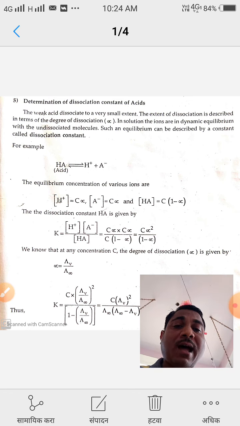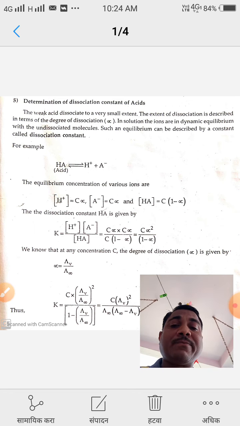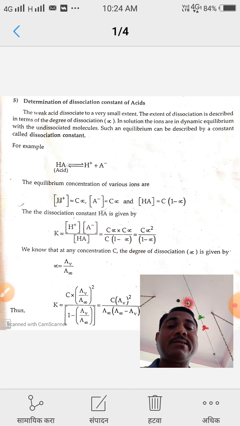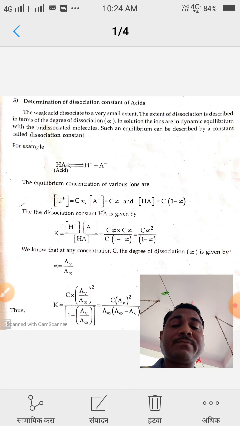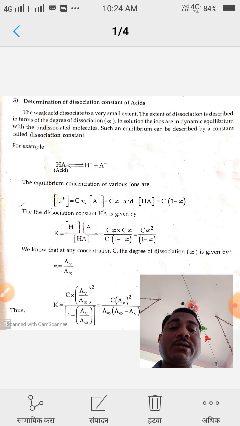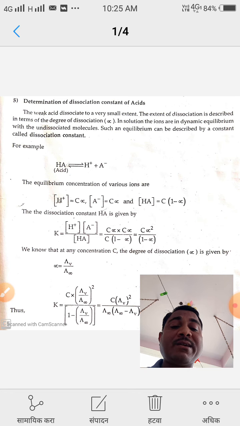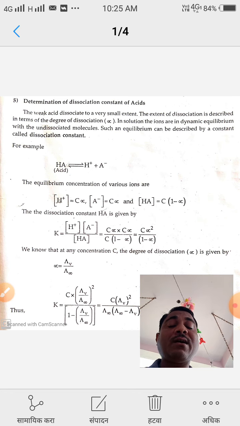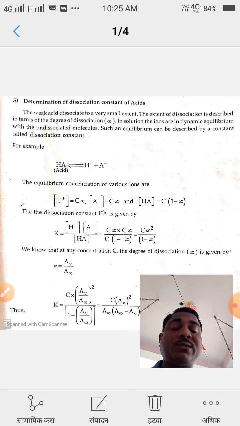In a solution, the ions are in dynamic equilibrium with the undissociated molecules. Such an equilibrium can be described by a constant called the dissociation constant.